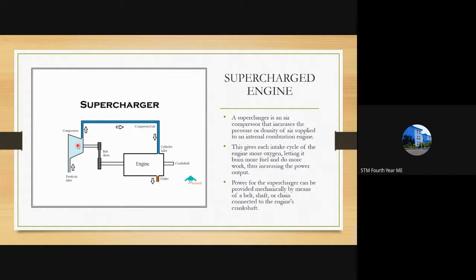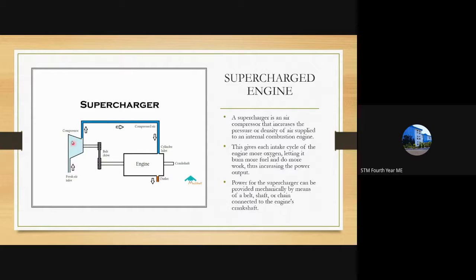It is being compressed not into liquid, but still it is being compressed. So compressing it reduces the independence of the air and holds more volume of air. That is what a compressor does.